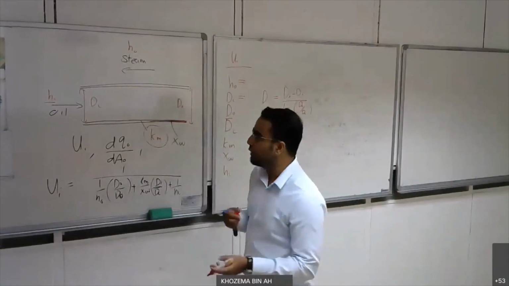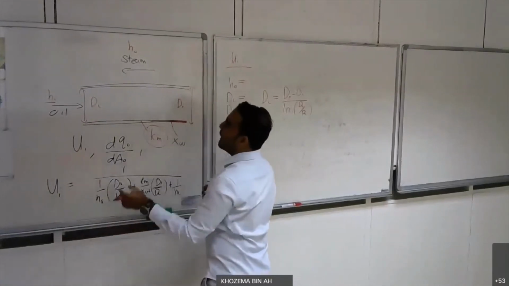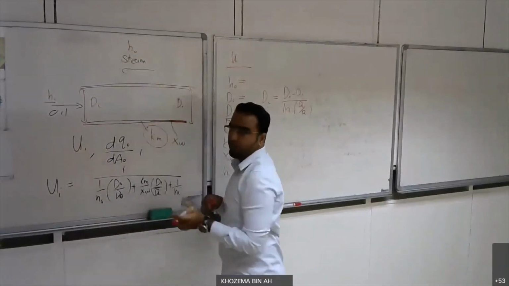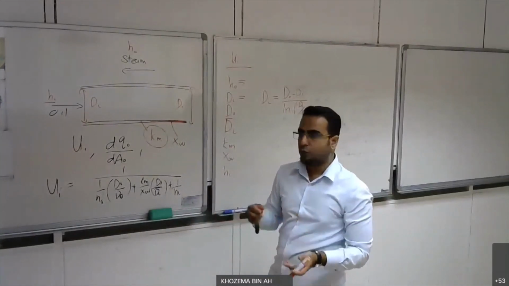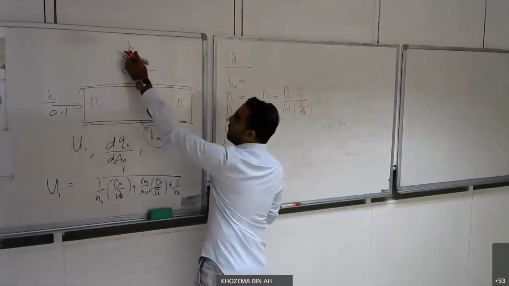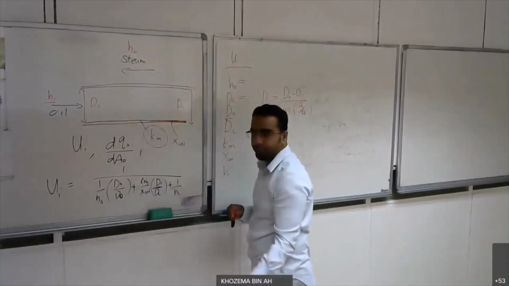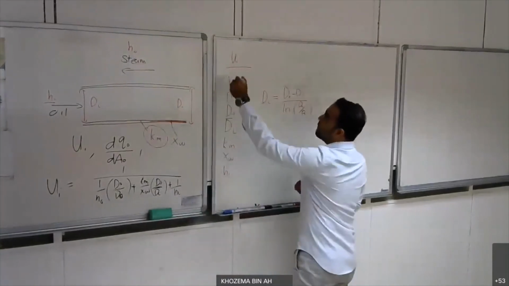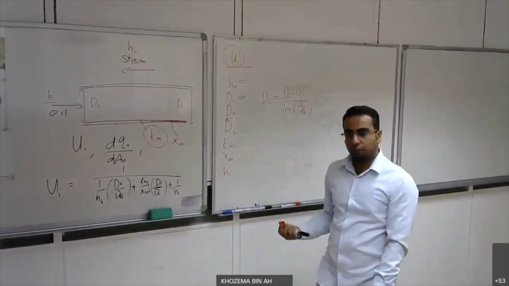So basically, you have H for fluid flowing inside the tube and also H for fluid flowing across or outside the tube. So combine everything, the value of H, the value of HI, HO, and the value of Km, you get the value of UI. So this is our objective.